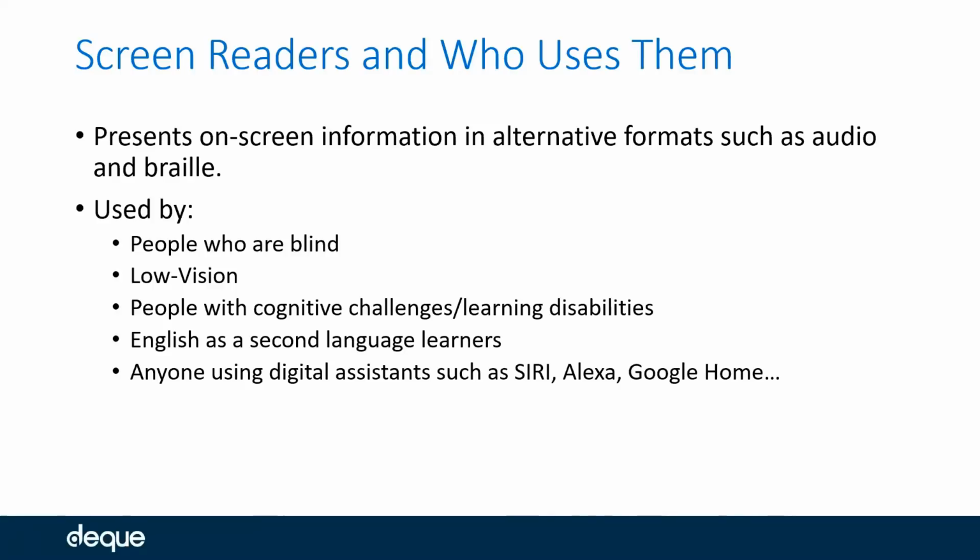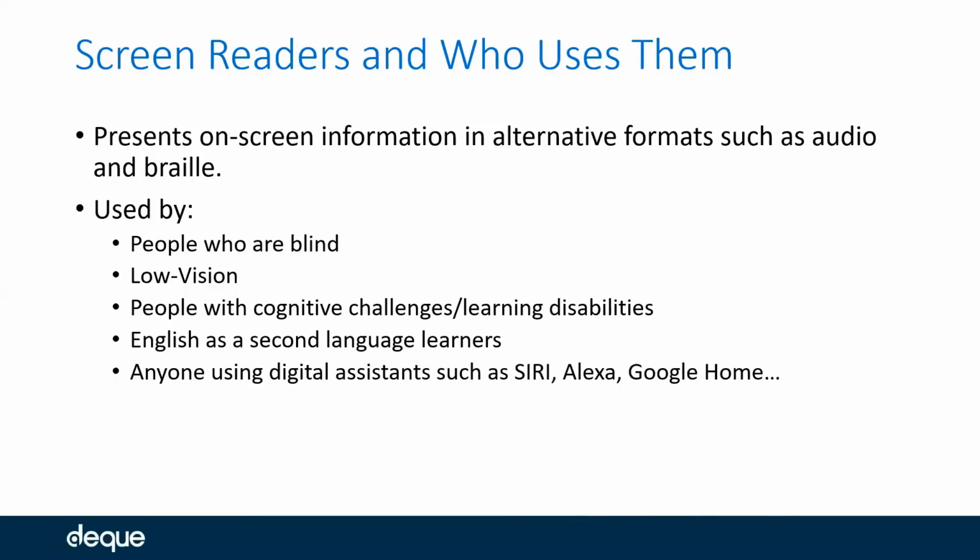They may use a screen reader to announce what they're looking at in print, for example. English as a second language learners also may use screen reading technologies to help with pronunciation, especially with some of our more complicated English words. English is not the easiest language, as I'm sure we're all aware.